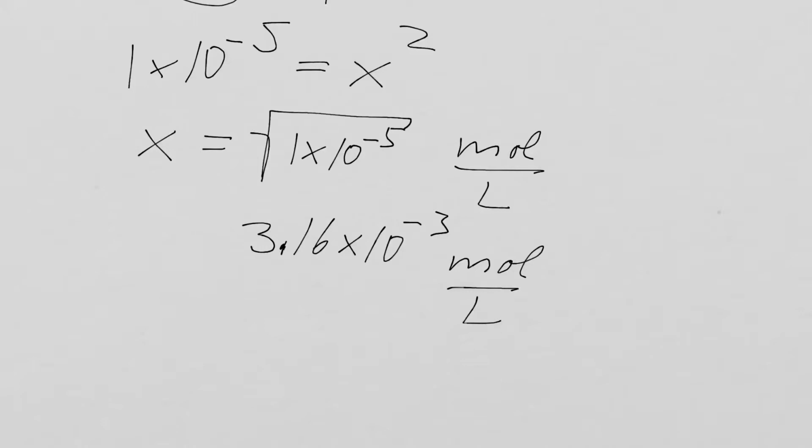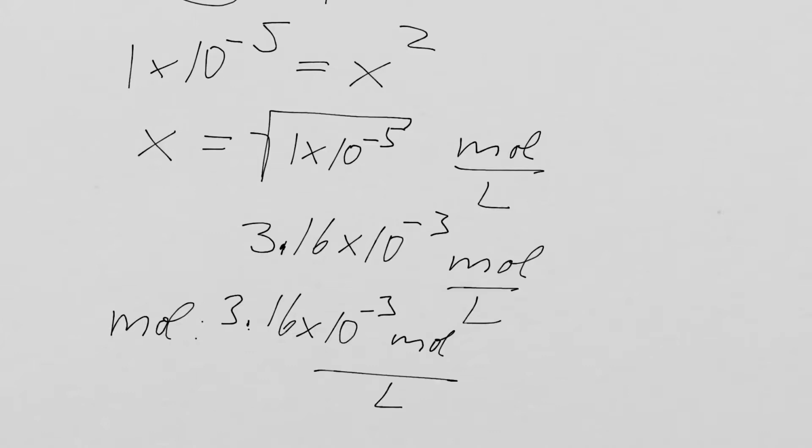Does it make sense? That is the concentration of protons in our weak acid. Now we use only 1 milliliter of that. How many moles of these protons do we have? We have 3.16 times 10 to the minus 3 mole per liter, and we have 1 milliliter, which is 1 times 10 to the minus 3 liter.